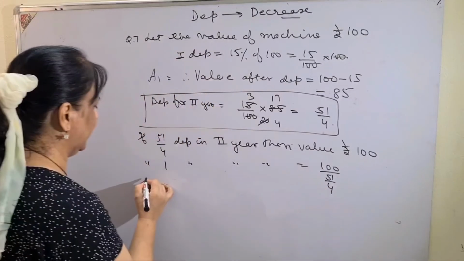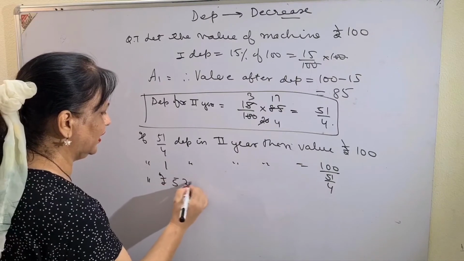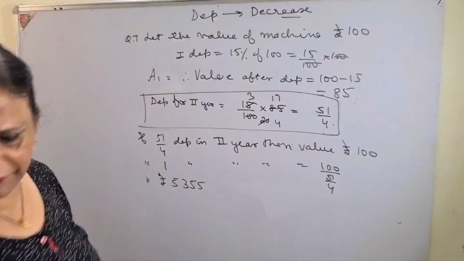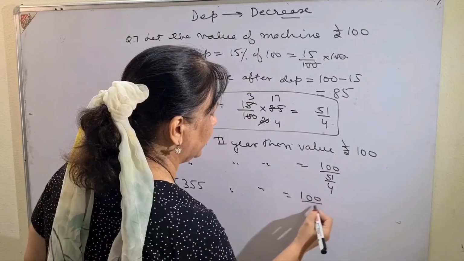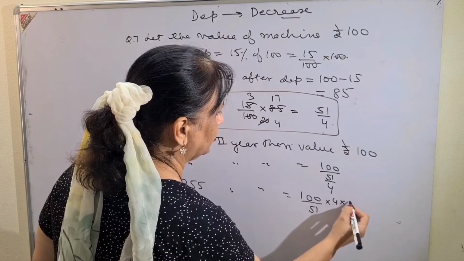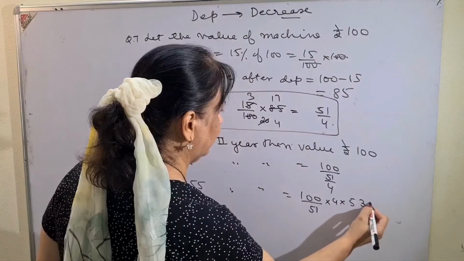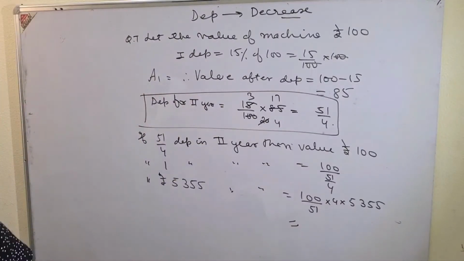And if it is rupees 5355, then 100 upon 51 into 4 into 5355. Calculate it, and that is your required answer.